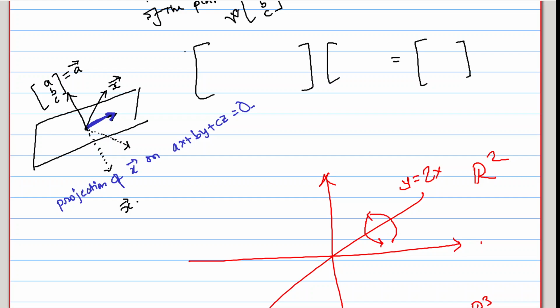If you want the vector, then you have to multiply by B cap.